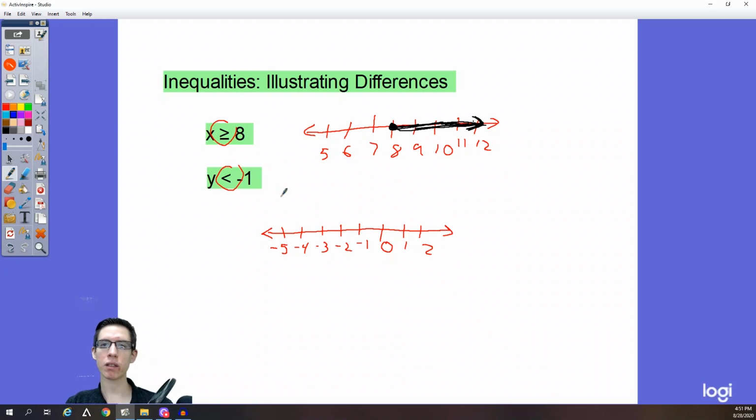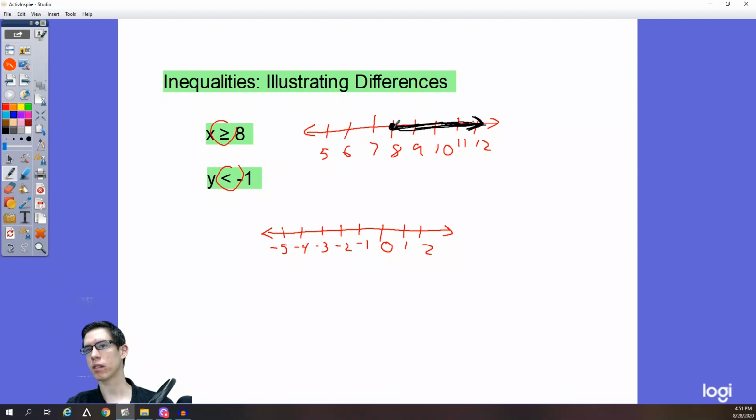And that's going to include things like -1.5, -1.1, -1.0001, -1.0000001. So everything that exists that is to the left of -1 has to get included, but not -1. So we've got to do something different to how we set up the 8 expression up here.